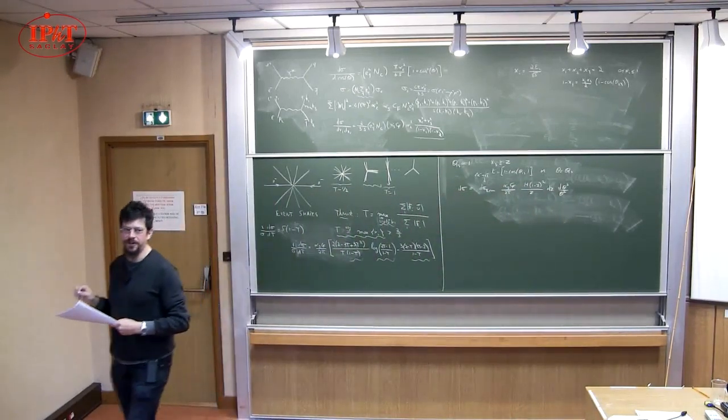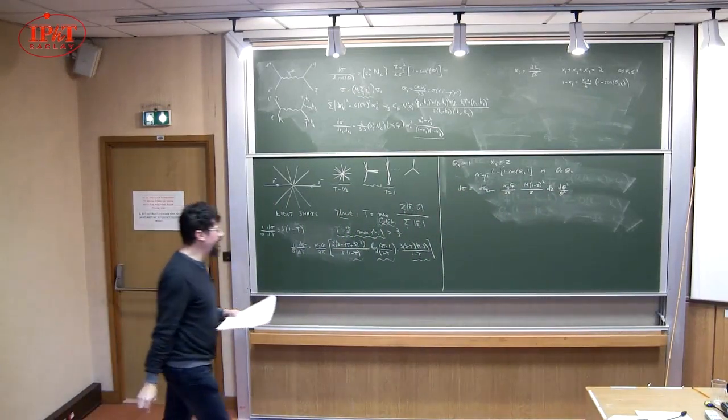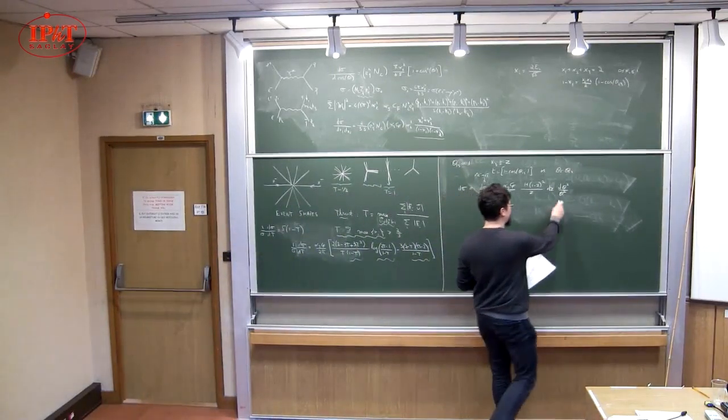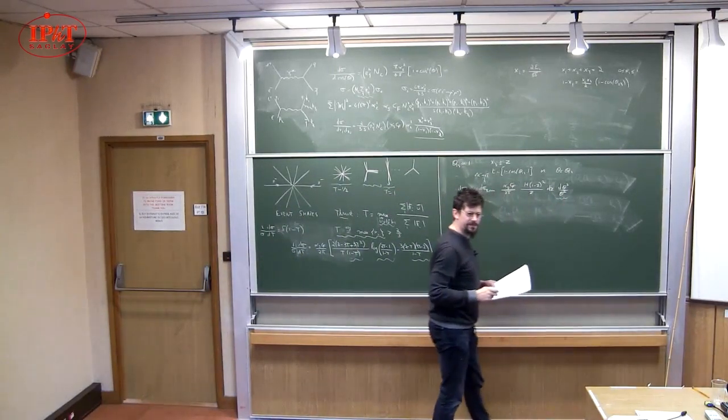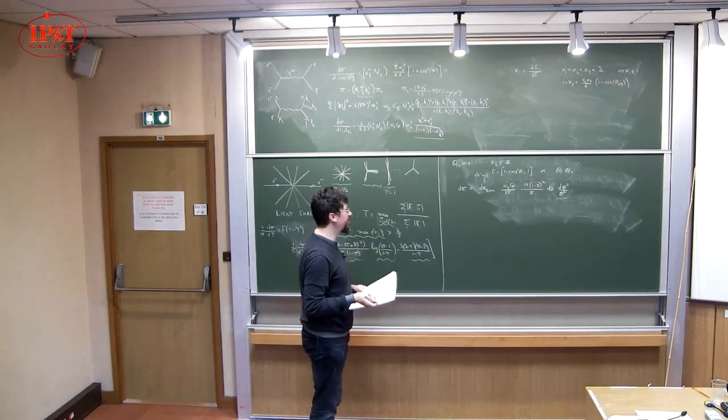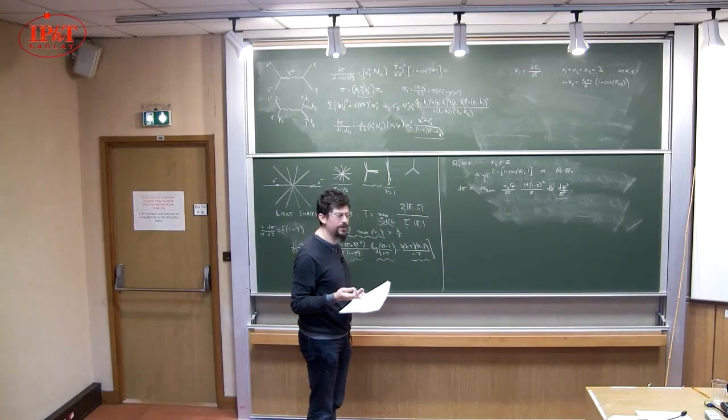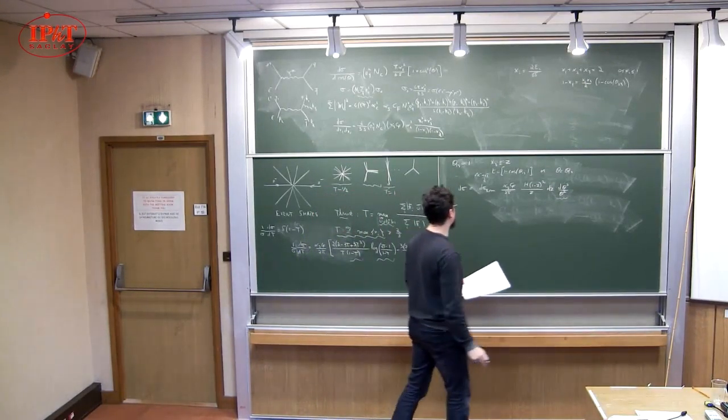And this is again generic. What you find here is that there's a logarithmic divergence. So when the angle goes to 0, you have a logarithmic enhancement of those emissions.